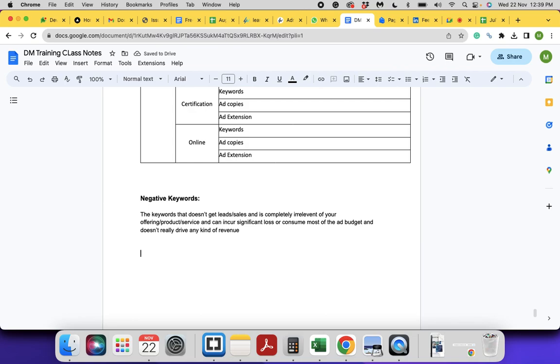See, your input keywords are just 12 keywords, and these 12 keywords have shown ads for a few hundred keywords. Look at the search terms now. These 12 keywords have triggered ads for 364 keywords for the time period that I have taken.